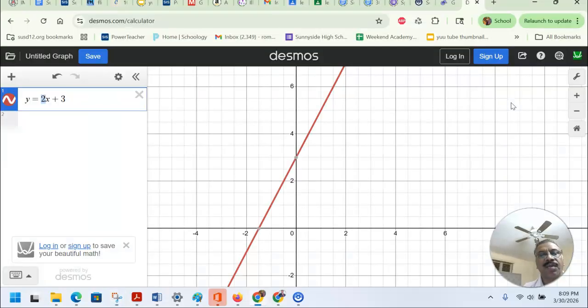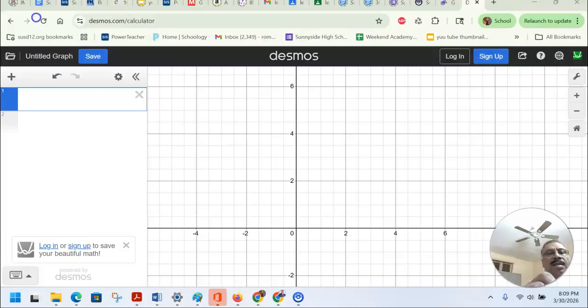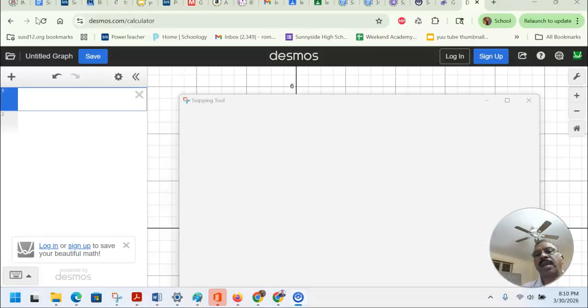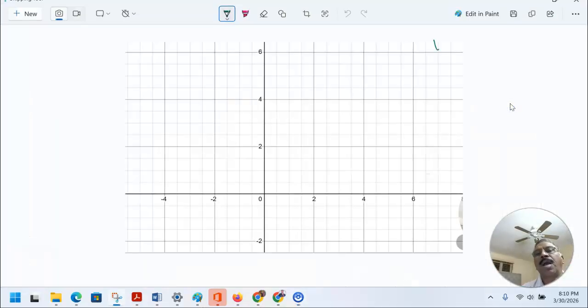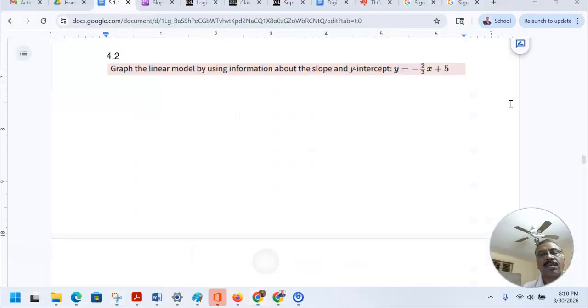So I'm going to use this one. The equation is y equals minus 2/3 x, and I forgot the plus 5. So how do we graph this?